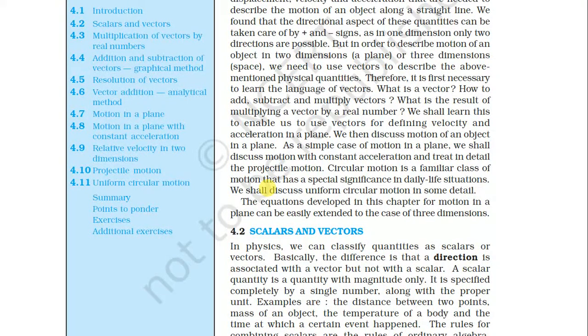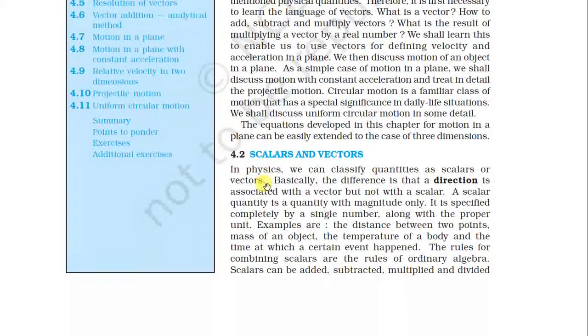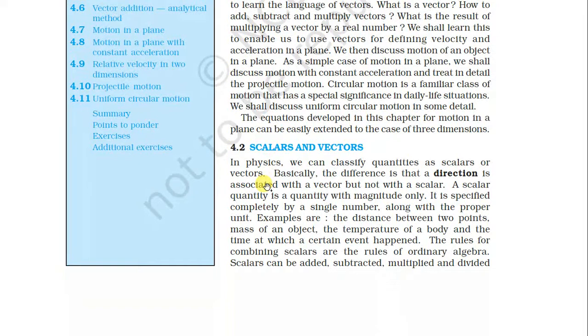So now, scalar and vector quantities. First of all, what is a scalar and what is a vector? In physics we can classify quantities as scalars or vectors. Basically the difference is that direction is associated with a vector but not with a scalar.